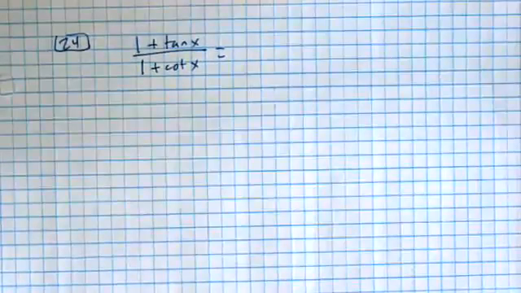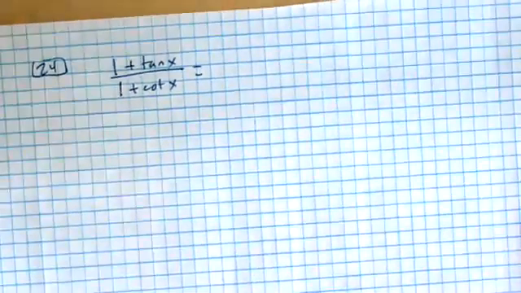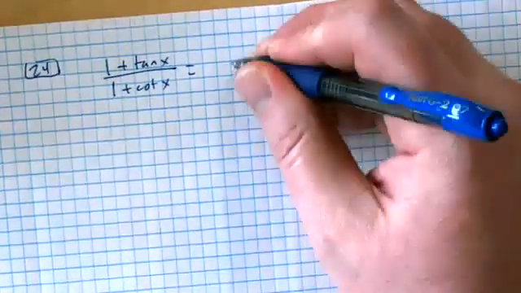There are probably other ways to do this, but the only way I've been successful at it so far is turning tangent into sine over cosine, turning cotangent into cosine over sine. So that's going to be my first move here.